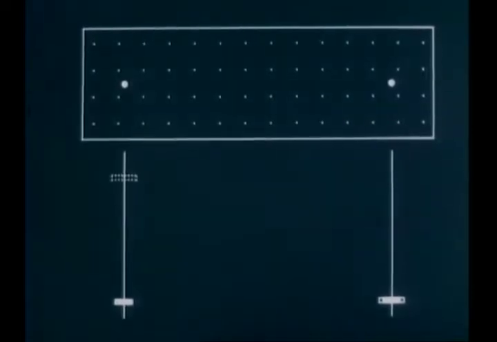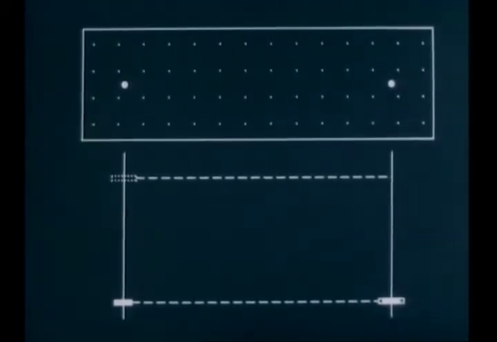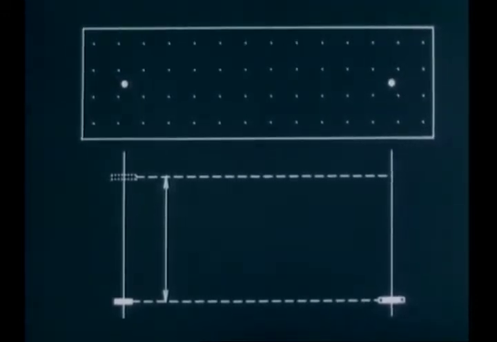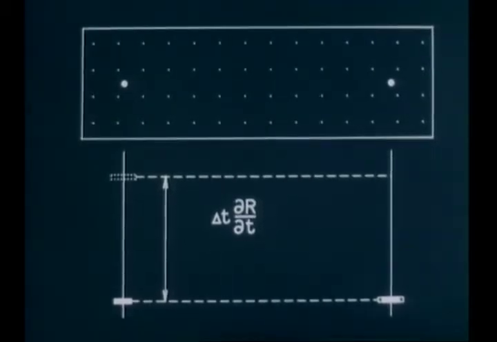Comparing the before and after values of the Lagrangian counter, it is evident that the traveling point sees only the same change that each of the laboratory points sees. This can be written as the time difference multiplied by the rate of change with time.